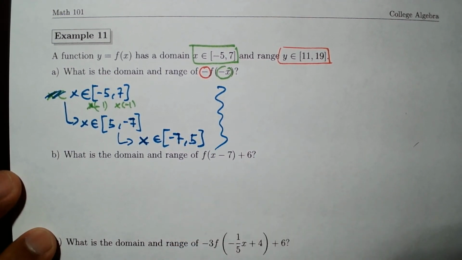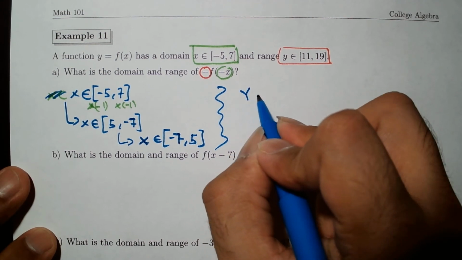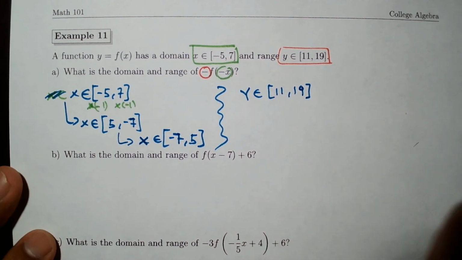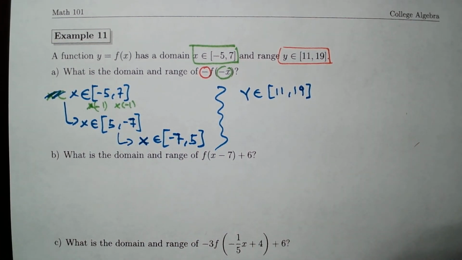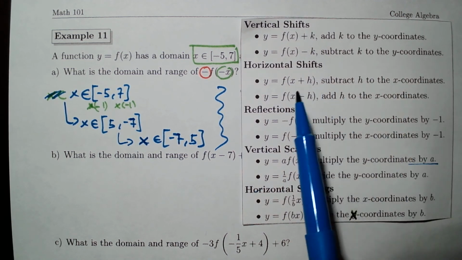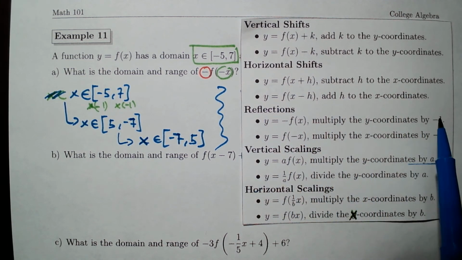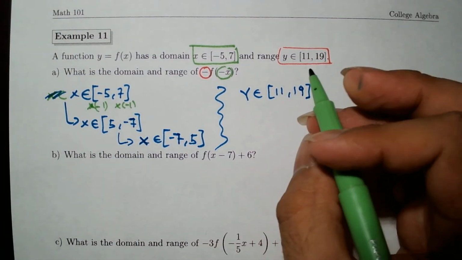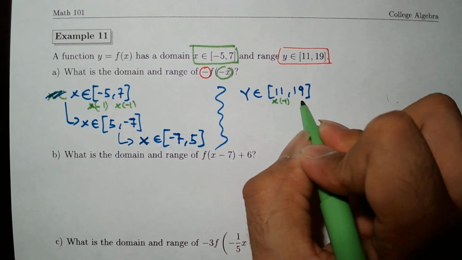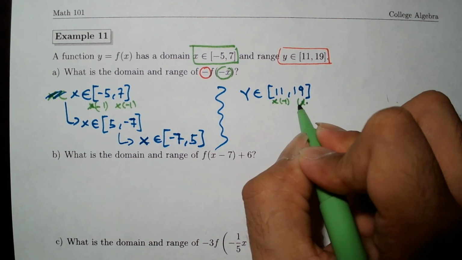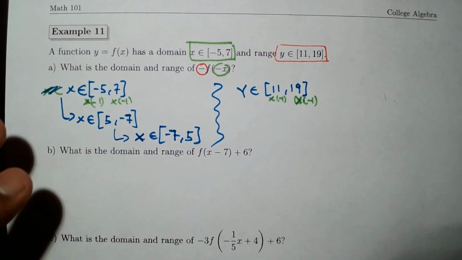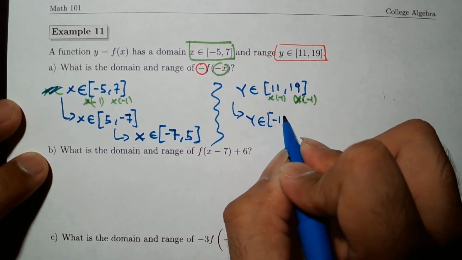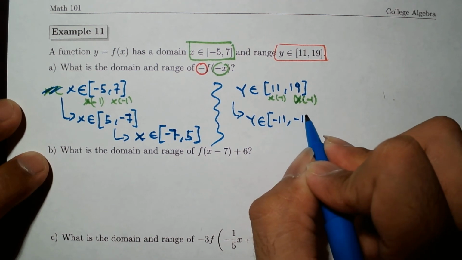Now let's look at the range. Y, which belongs from 11 to 19. Right? So, looking at the shifting summary here, the negative in front of the f multiplies the y coordinates by -1. We do exactly the same. Times -1, times -1. So that's going to give us y belonging to -11 to -19.